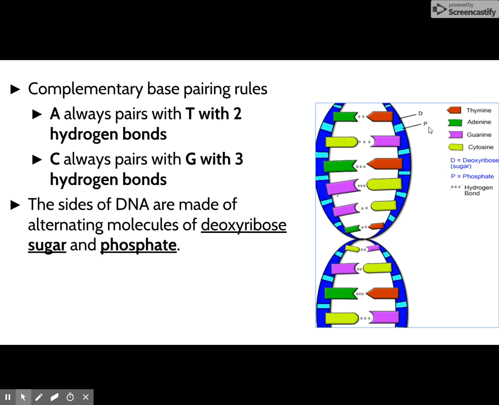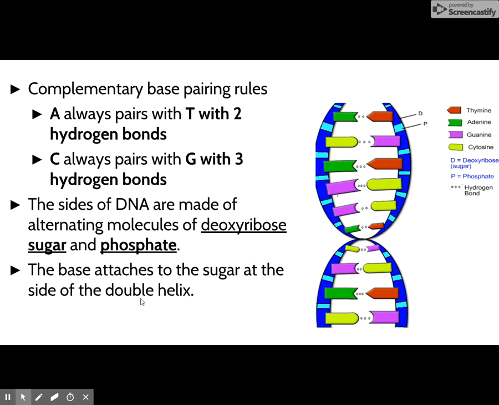And this lighter color here is indicating the phosphate group. So the base attaches to the sugar. You can never have the phosphate group attached to the nitrogen-containing base. The base has to attach to the deoxyribose sugar, not the other way around.